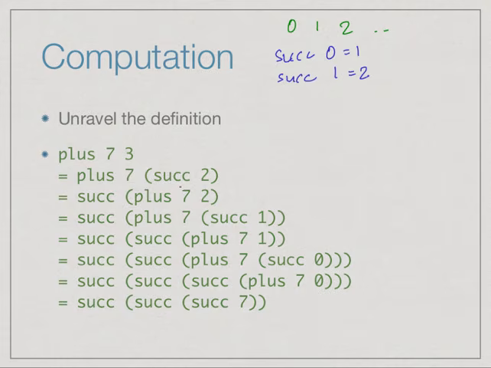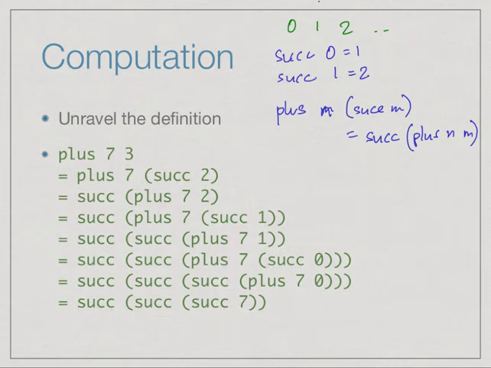So I can think of 3 not as 3 but as successor of 2, and now I have a rule which says, if you remember the rule, plus n successor of m is equal to successor of plus n m. This is the rule that we wrote. So if I have plus 7 successor of 2, this is successor of plus 7 2, where I plug in 7 for n and 2 for m.